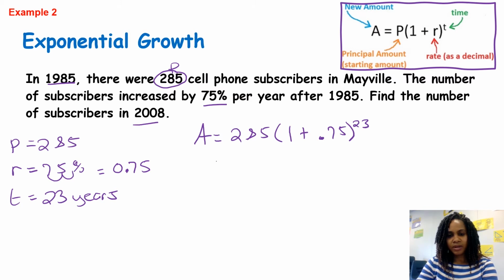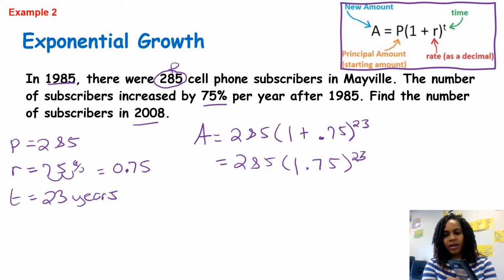So just plugging that in and simplifying it, that'll be 1.75 raised to the 23rd power, and again I'm using that key that has the y to the x right here.